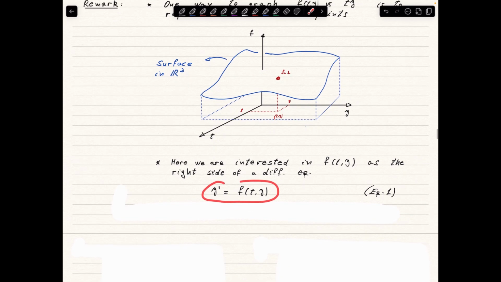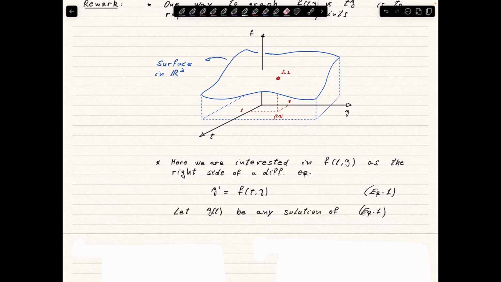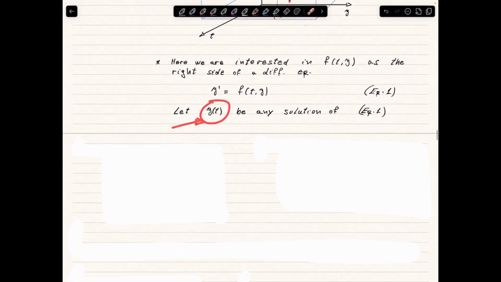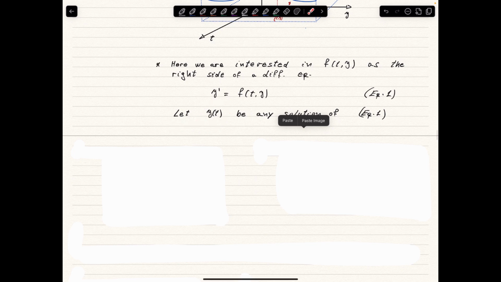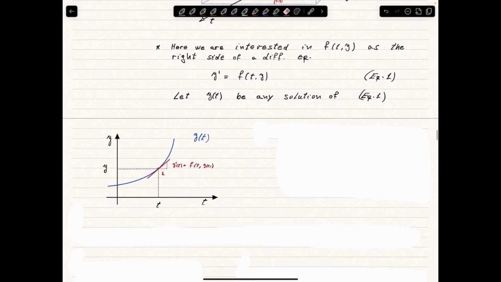To understand that graphical meaning, let's consider, for example, that we have one solution. Suppose this function y of t is some solution of the differential equation. We can graph this function, can't we? So suppose we graph that function, we are going to get something like this.